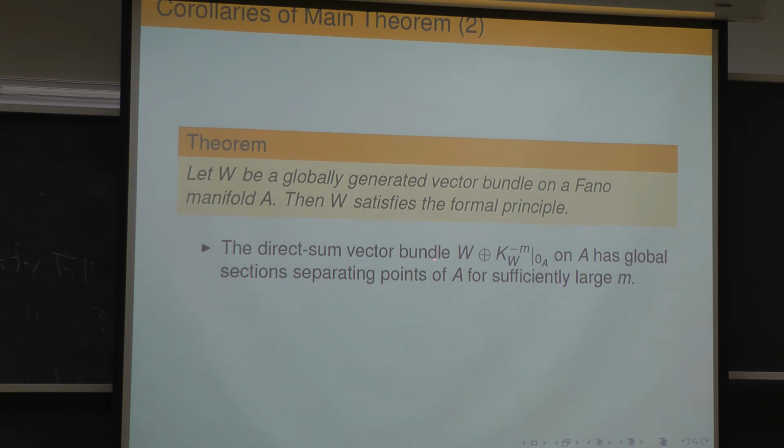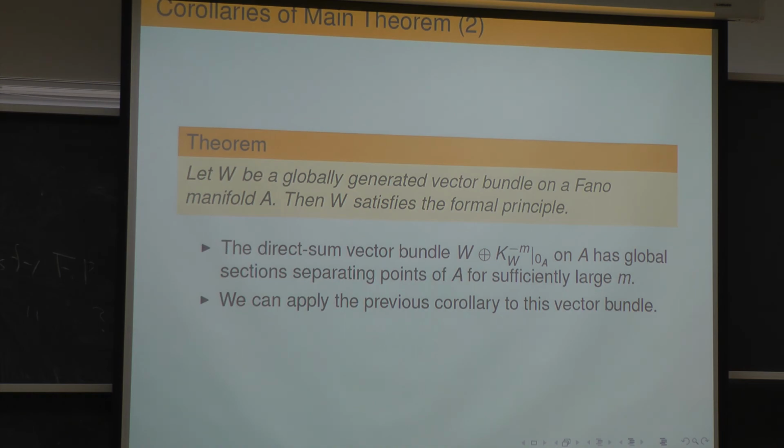So then you can apply the previous corollary to this, and because of the nature of the problem in the formal principle, after you prove it for the sum of the vector bundles, you can eliminate one part on a Fano manifold. The nature of the sign is such that you can eliminate the other part.